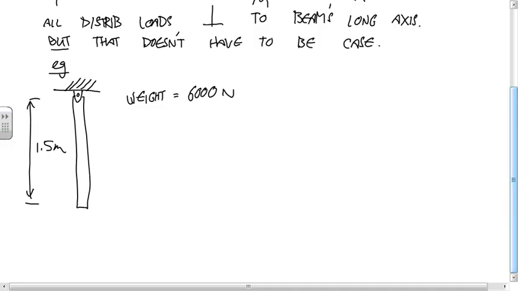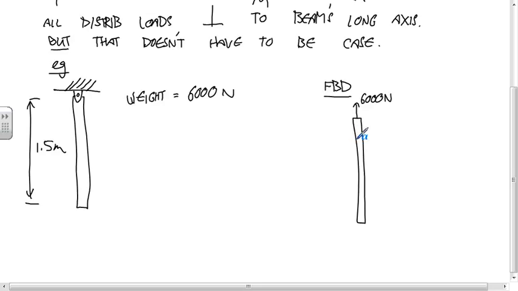Say that we wanted to calculate the stress inside this beam. A free body diagram, you'd have a force upward applied by the pin that's keeping it from falling of 6,000 newtons.